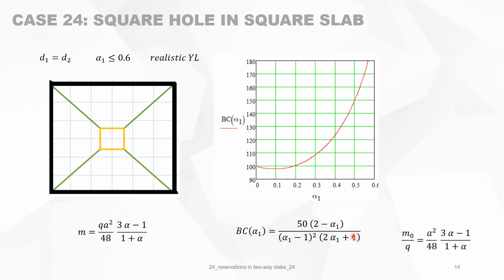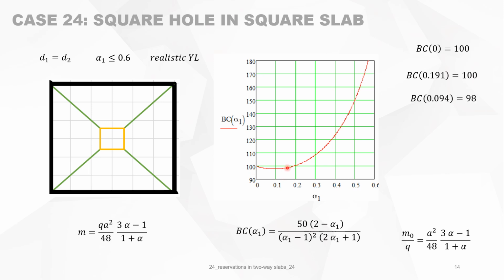This is the formulation of the red curve. The initial bending moment, m0 divided by q, is of course the same. And then you will see that the bearing capacity is 100% when alpha 1 is 0, and it's 100% again when alpha 1 is 0.19.